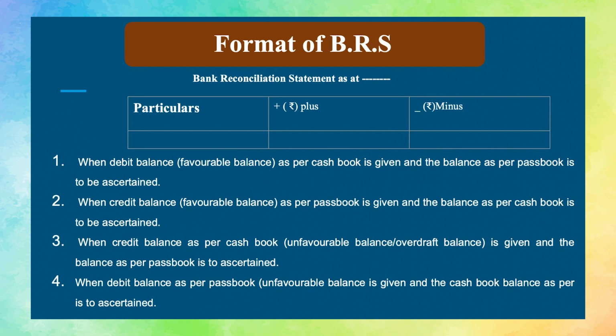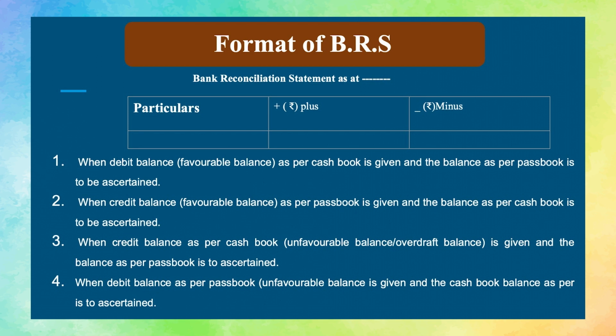When credit balance or favorable balance as per passbook is given and the balance as per cash book is to be ascertained, favorable balance will be shown in plus column.